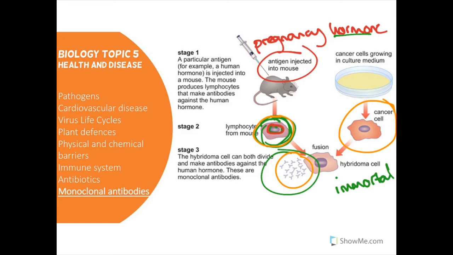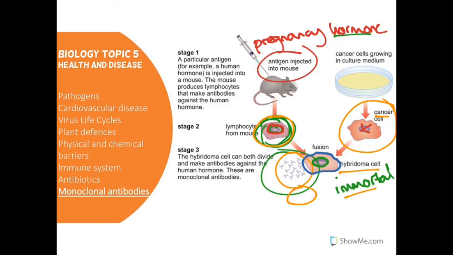So we've got the nucleus from the white blood cell. We're going to take out the nucleus from the cancer cell, and we're going to combine them. So we've got the cancer cell with the nucleus of the white blood cell. What we can then do in the lab is make lots and lots of these, because they grow like wildfire. They're basically cancer cells, they're immortal, and we can get tons and tons of these cells.